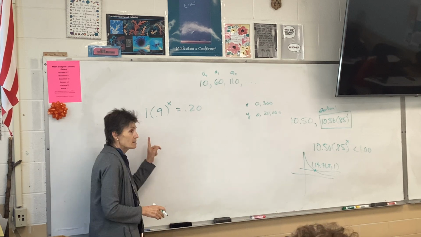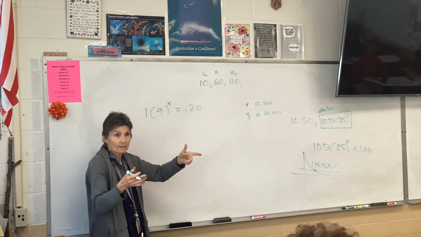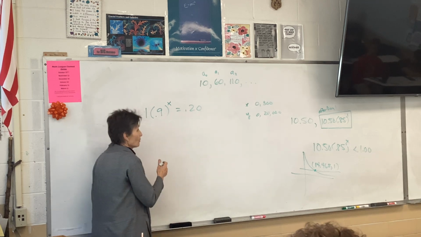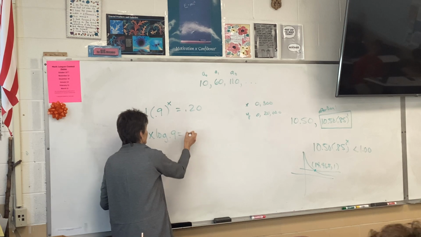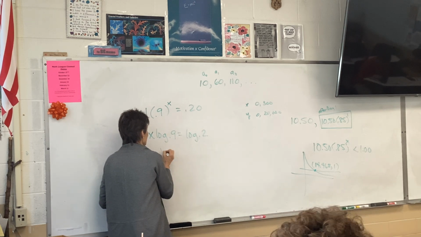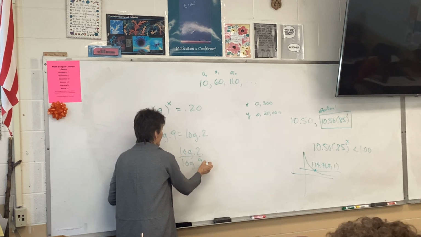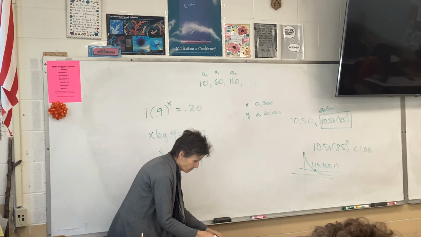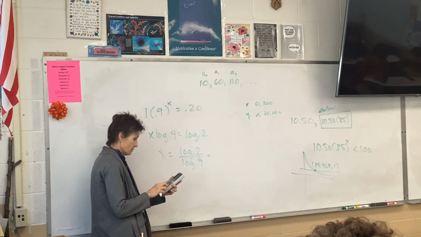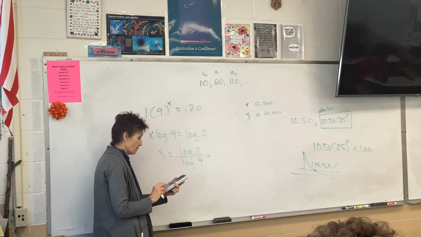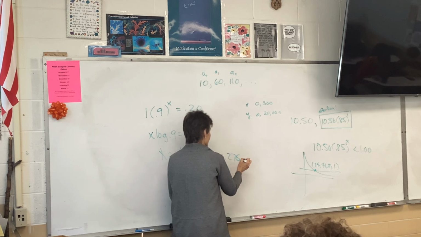You can do this the way I did these last two, by graphing and finding out where it intersects. You could also use logarithms. If you take the logarithm of both sides and divide the log of 0.2 over the log of 0.9, let's see what that is. That is 15.2756 or so.